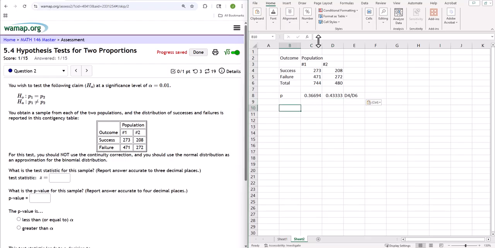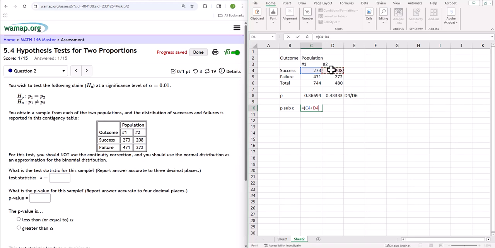So we have to pay a bit of attention to the information we have to make sure we get these correct. And here I put the proportion. This is P sub 1 and this is P sub 2. So a little different there than what we have. So P sub C, this is my pooled probability, and I want to sum up the successes. So I'm going to add these.